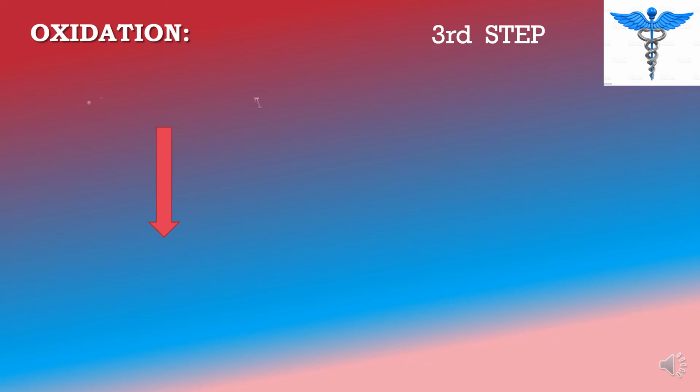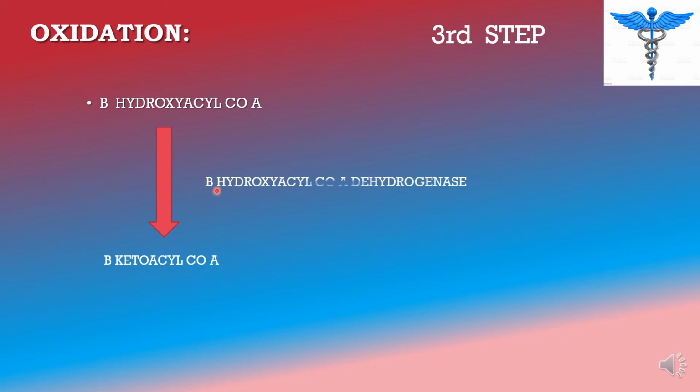Now we are going to discuss the third step in beta oxidation proper, and that is again the oxidation. In oxidation, the beta hydroxyacyl coenzyme A is converted into beta ketoacyl coenzyme A by an enzyme, beta hydroxyacyl coenzyme A dehydrogenase. All other words are the same as beta hydroxyacyl coenzyme A, you just have to add dehydrogenase.